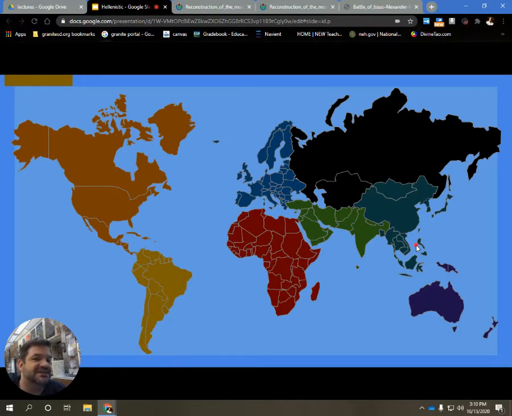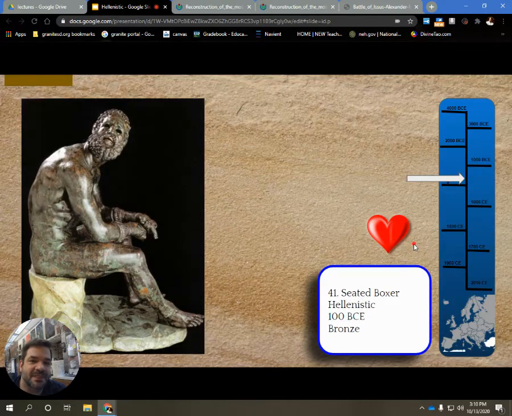Our last piece is the spiritual opposite of the Nike of Samothrace. And this is the seated boxer. Now, the seated boxer is bronze to her marble, male to her female.